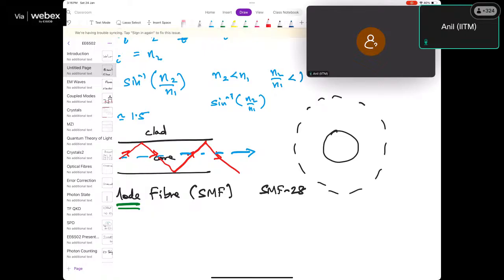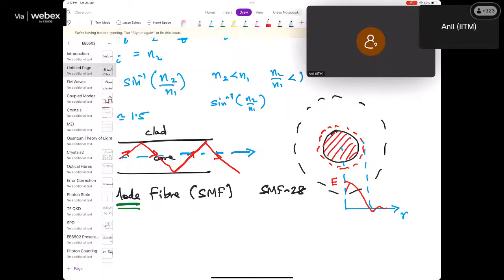single mode means that all the light is traveling primarily in the core of the fiber. Maybe some of it is leaking out into the cladding. Specifically, if I were to draw, as a function of the radius, what this intensity would look like, or not the intensity, but the electric field, it would look something like this.